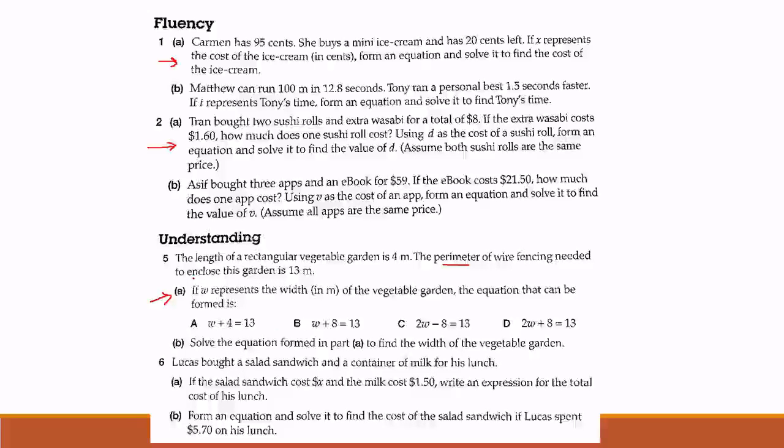So you've got a garden that's 13 meters, and you've got the length of a rectangular section is 4 meters, hopefully you'll be using equation D. Solve it and then find the width of the garden bed. Number 6, you're pretty much now on your own, writing your own equation and then solving it.